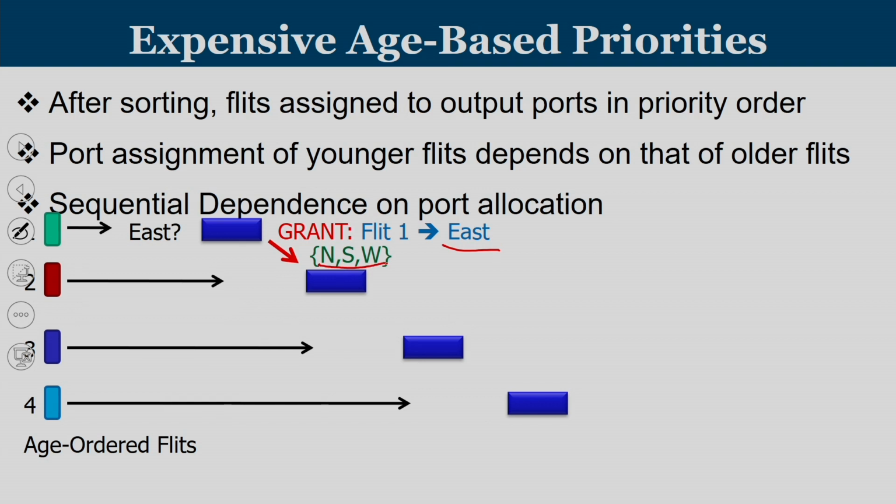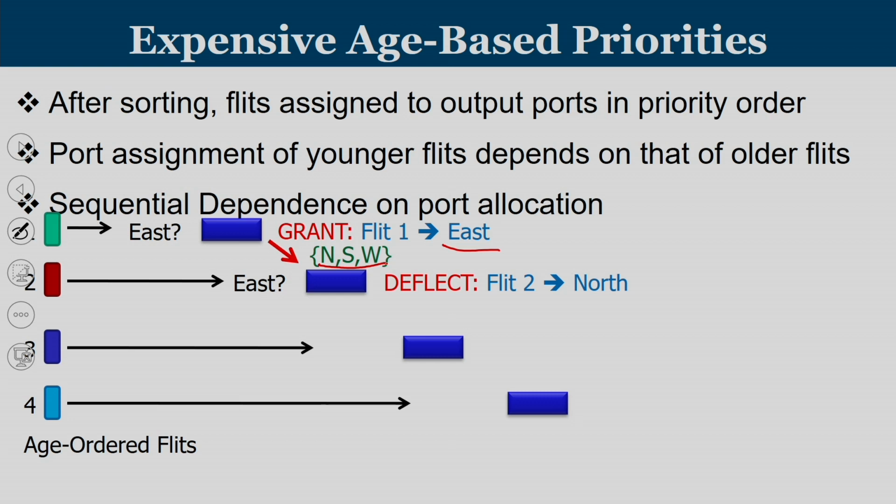But the red flit is going to ask for east, that is its highest priority direction. So after the green flit is assigned east, if anybody asks for east, east is not possible. So we have the red flit requesting east. East cannot be given. Let's say arbitrarily north is given. So red is assigned north.